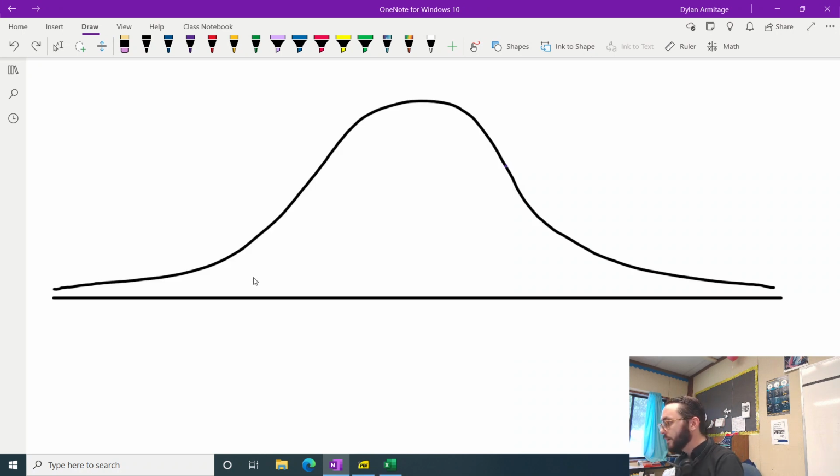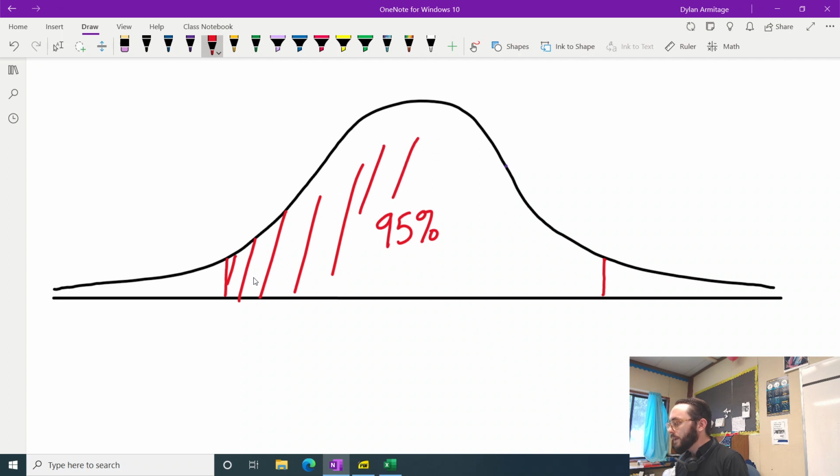So for 95% confidence, that represents this red portion here in the middle. We are 95% confident that it will be somewhere in here.